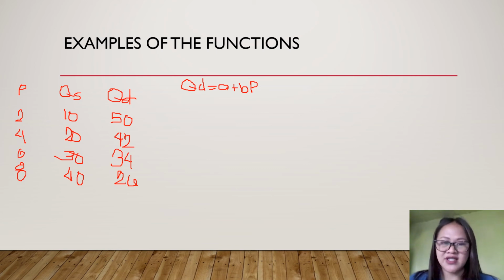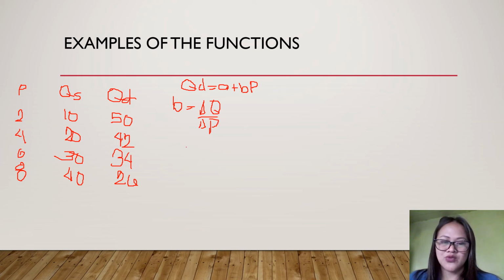What is the first thing that we always have to do? Solve for the B value. Again, always write your base formula: change in quantity all over the change in the price. Do not forget.